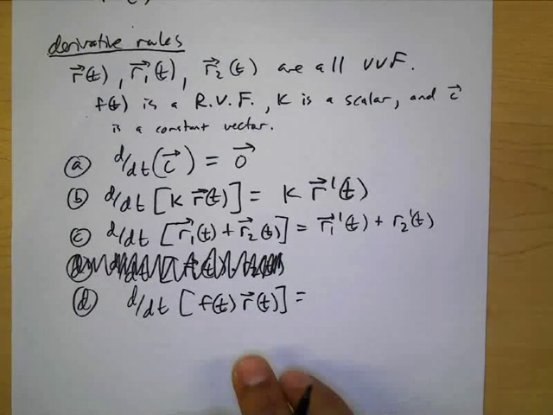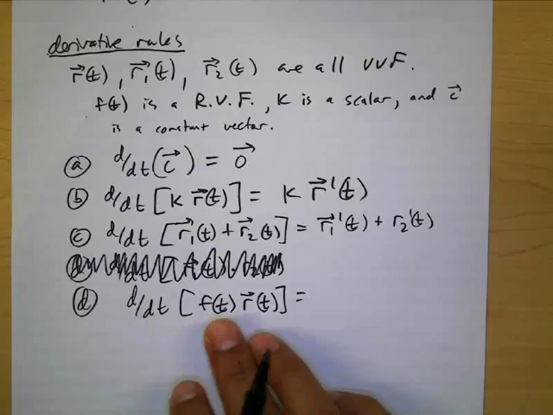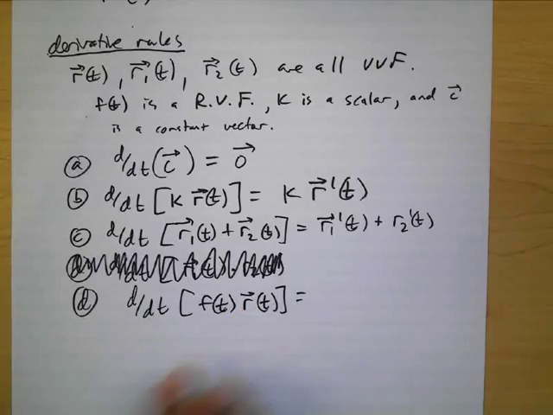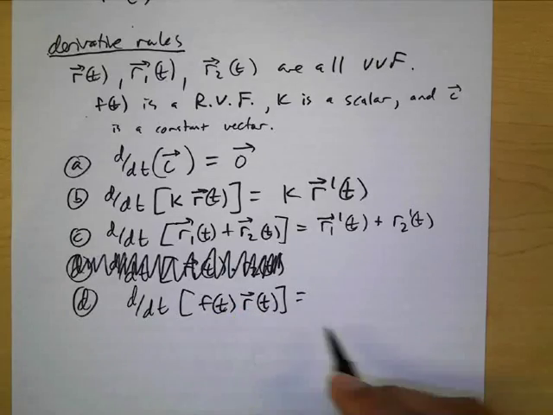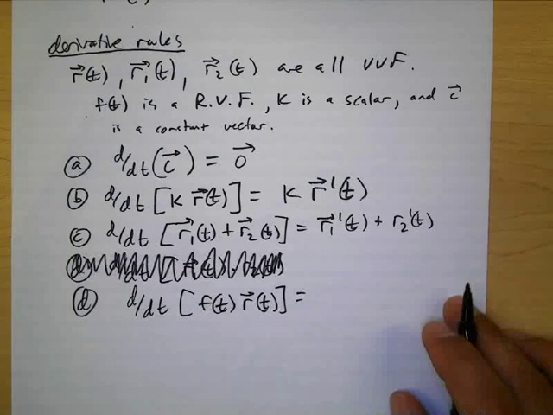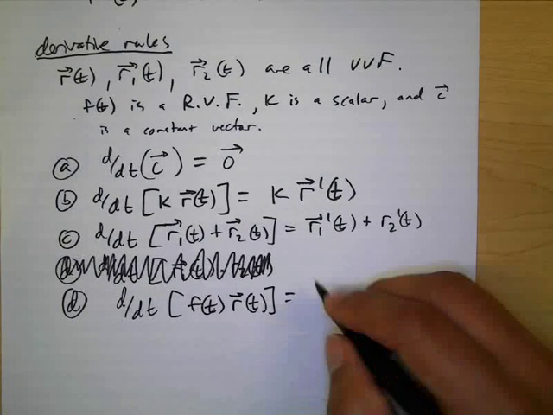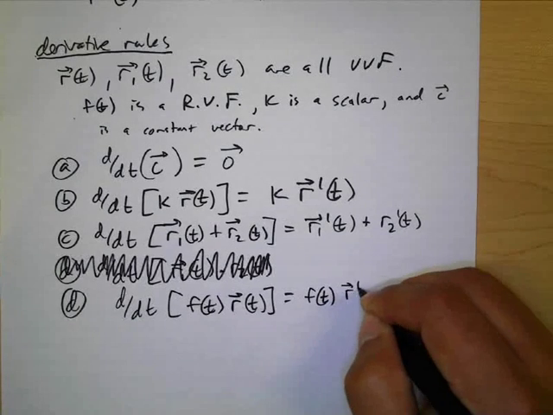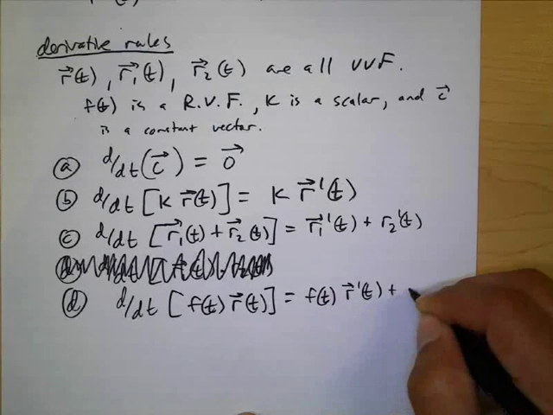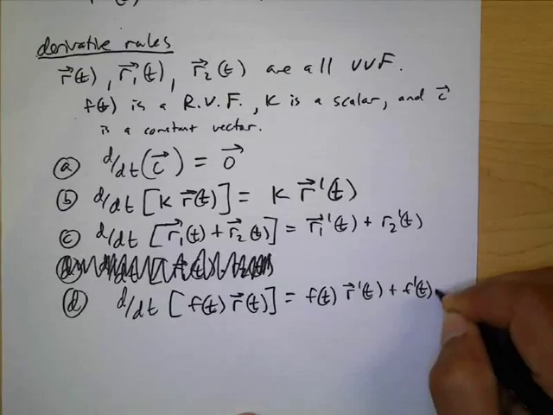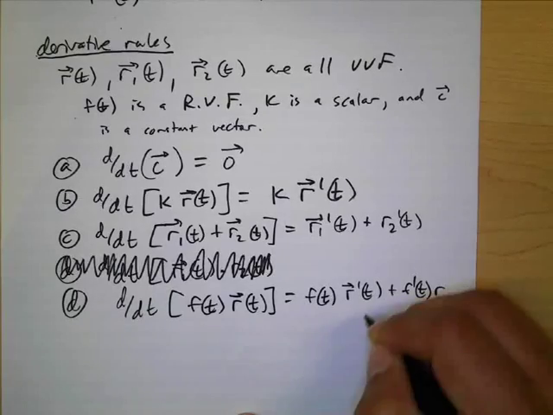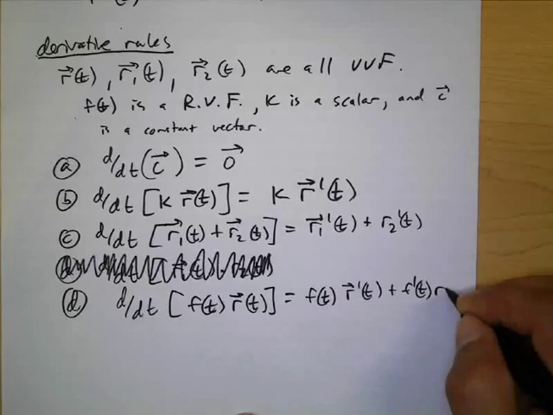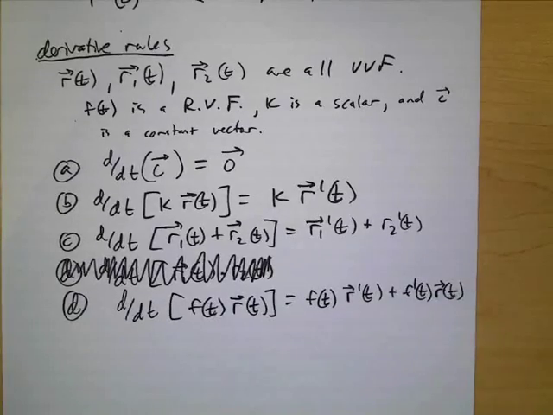So if we have the product of a real valued function, not a scalar, and r of t, since they both have t's, when you take the derivative of a product, you have to use the product rule. So f of t times r prime of t, plus f prime of t times r of t. It doesn't matter how. Some people write it the other way, and some people write minus. Those crazy people. So subtraction doesn't make sense.